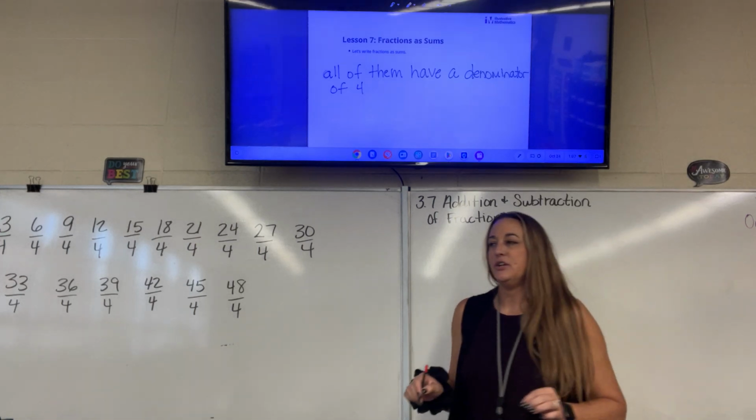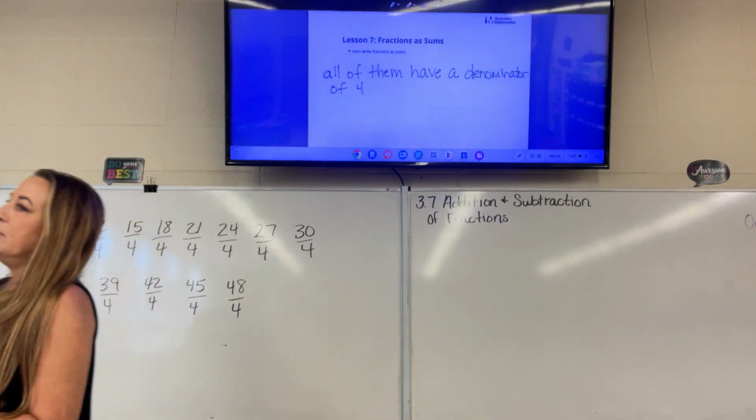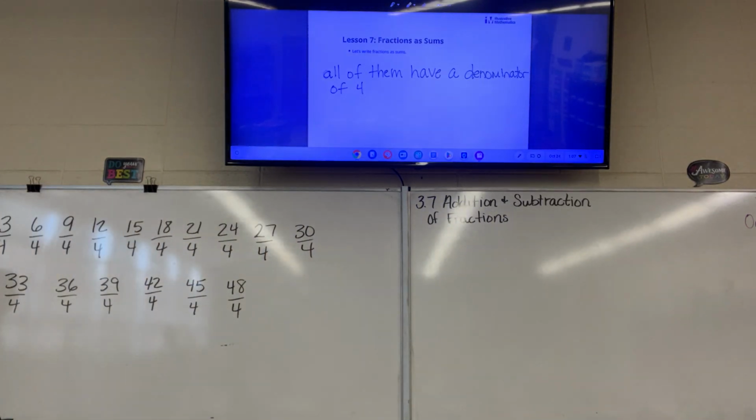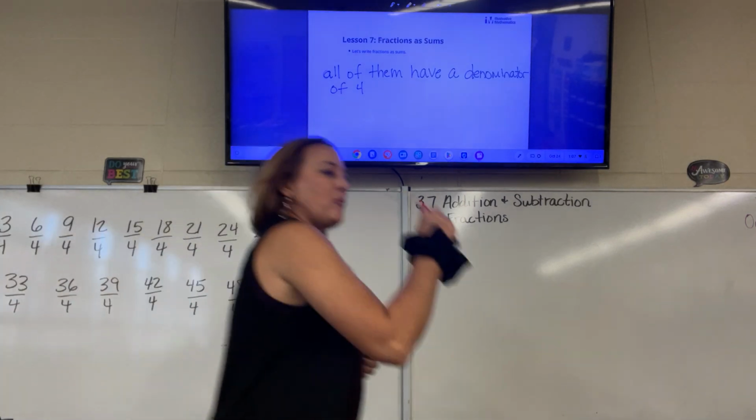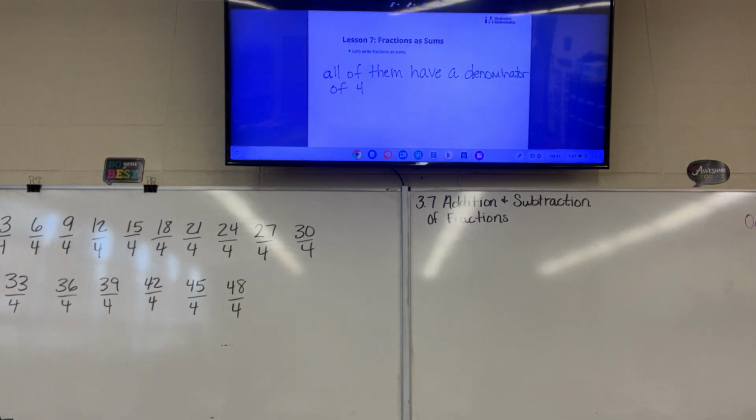Okay, what else do you notice about all of them or about these fractions? Todd? That they're all counting on the top. They're all counting by 3. Exactly. What do we call those when we skip count by 3?